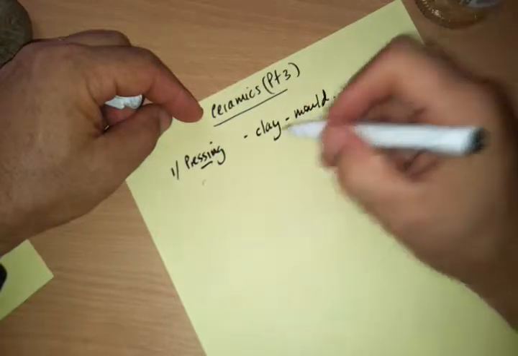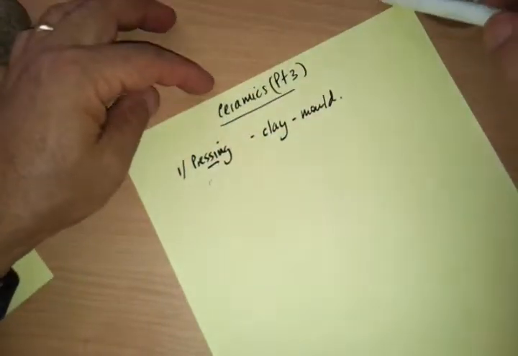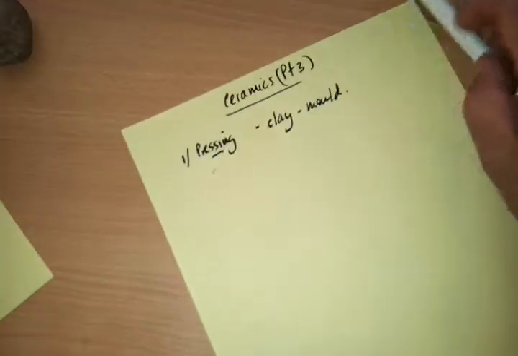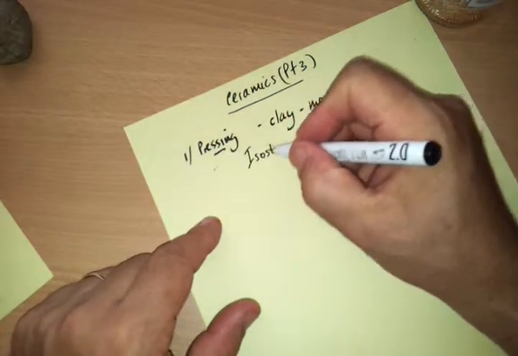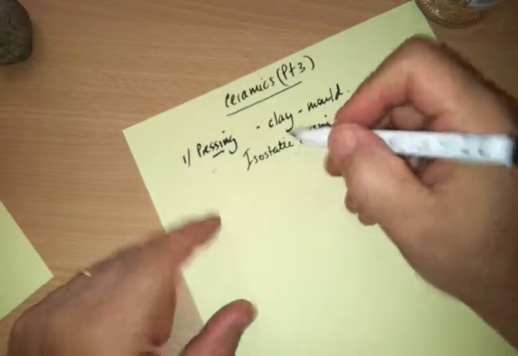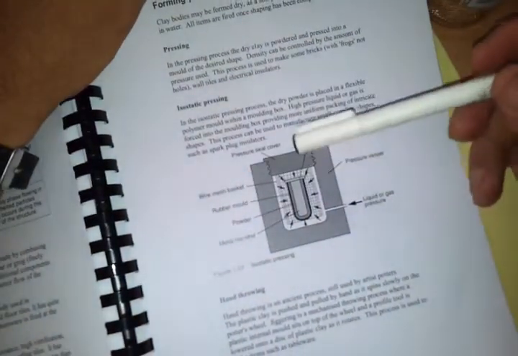Sometimes pressing can happen using powdered forms, very similar to sintering with metals. So you can use a clay powder, and if you do that, the process is called isostatic pressing. So with ceramics, isostatic pressing can take place. You don't need to know in detail about isostatic pressing, but just to give you a quick overview, a little heads up from the textbook over here.